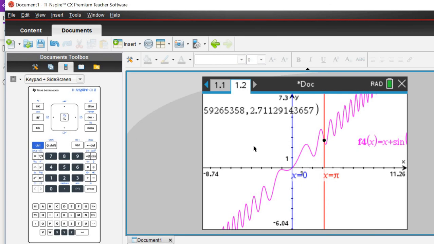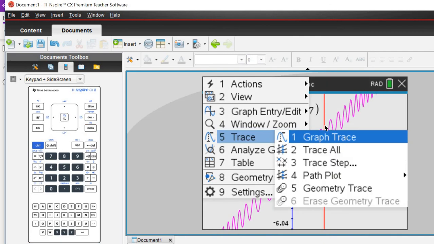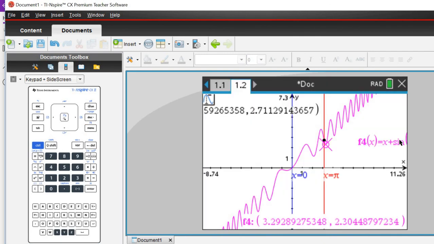So if we now go menu, trace, graph trace, and if we look down here, that coordinate is 0, 0. That's the global minimum. As we move along, you have a local maximum or a relative maximum, but it isn't the most maximum point on the graph.